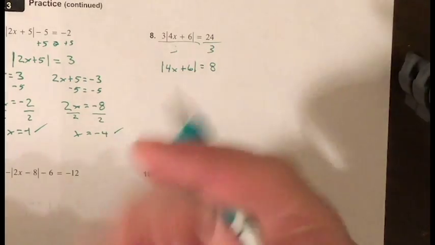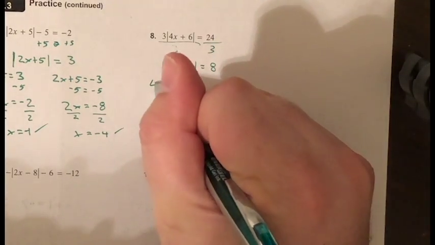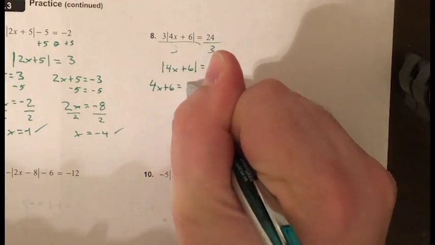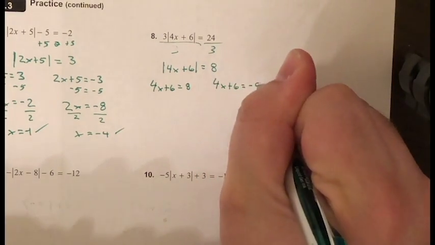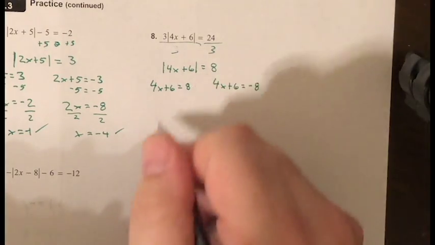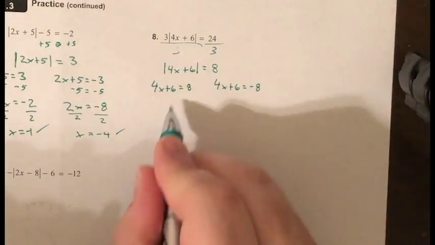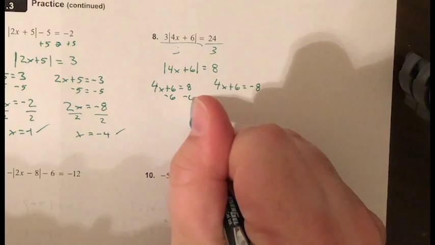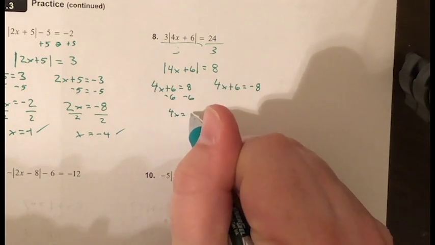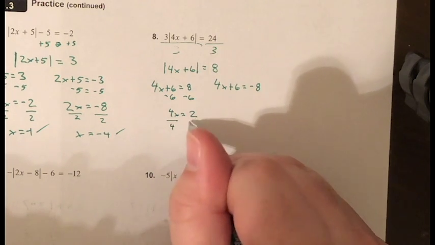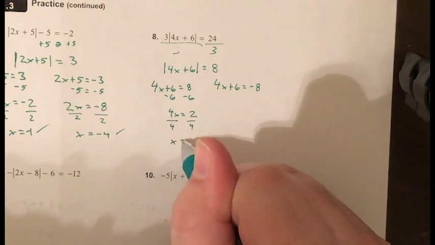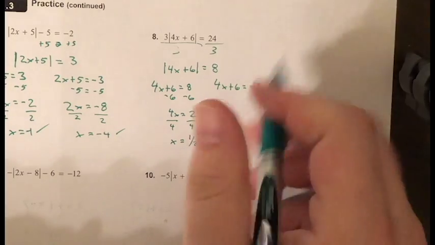Now my job is to break it up into two equations. 4x plus 6 is equal to 8, and 4x plus 6 is equal to -8. Now I just simply solve. I'm going to subtract 6 on both sides, and I get that 4x is equal to 2. My job now is to divide by 4 on both sides, and I get x is equal to 1/2.